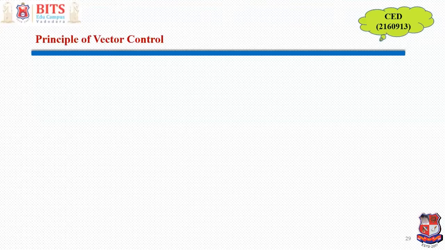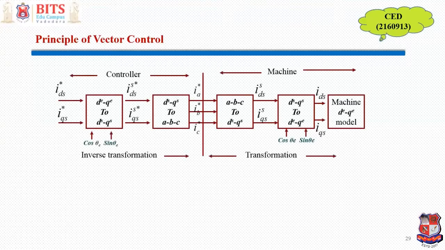Right. So for those who were not there in yesterday's lecture, this is the block diagram of a vector control approach. In vector control, we assume as if it is possible to have two components of the controlling variable, D component and Q component.